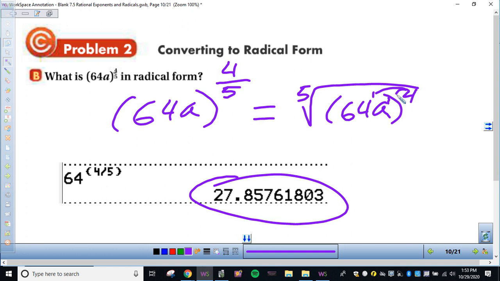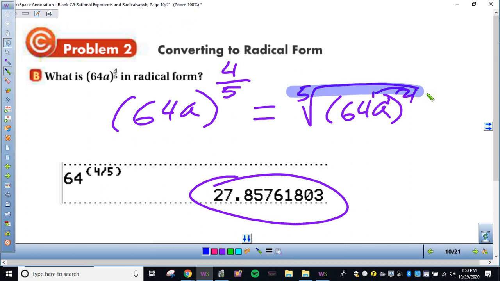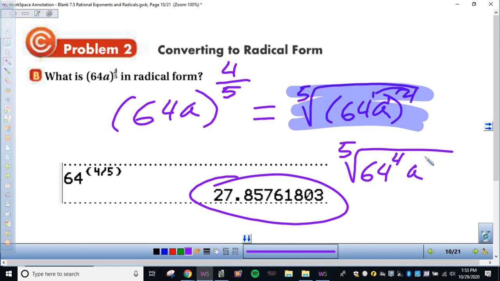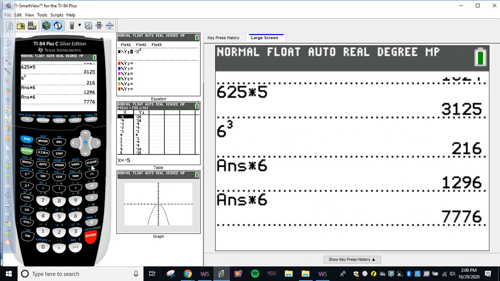I show you this answer, because I bet you the book answer, or when I give you a quiz on this, that's what they'll have. But for me, I want you to write it like this. 5th root. And you don't have to do 64 to the 4th power. I'll show you how big a number that is. But even technically that's not the most simplified because we didn't do 64 to the 4th. But let's see how big that number is because that'll be fun.